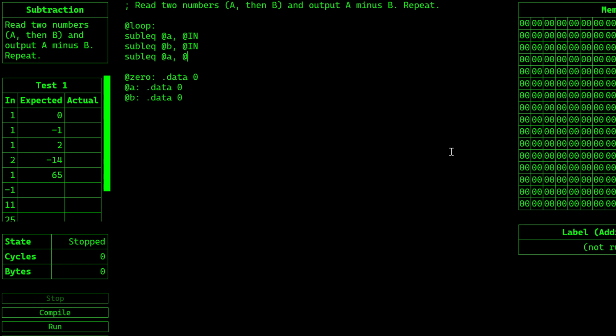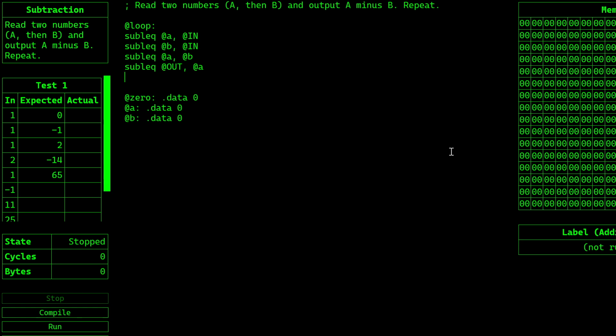Oops. So now we had minus A, and we've added B to it. And if we subtract all of this from 0, then we should get the right output.